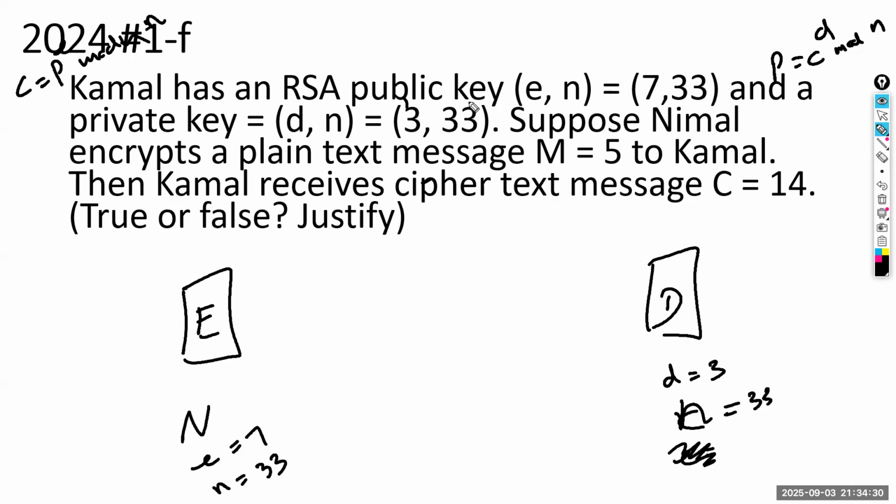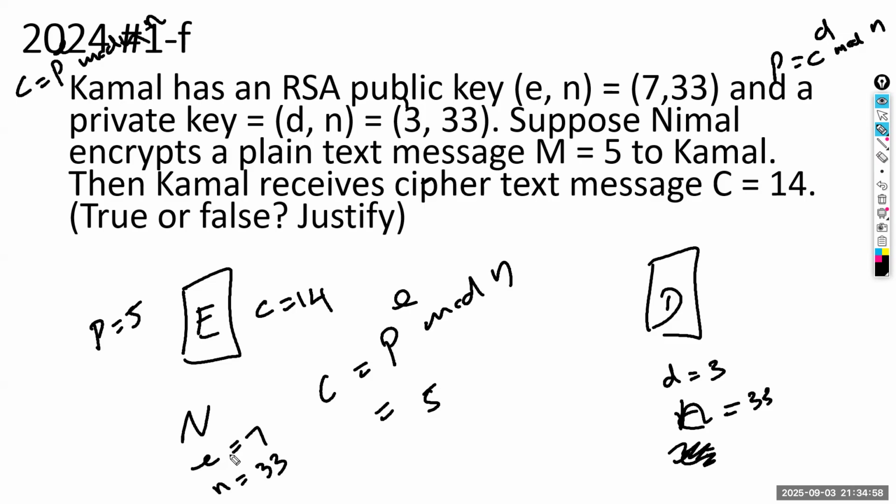So the correct keys are given because Kamal's keys you need to use. In this question, only Kamal's keys are given. Suppose Nimal encrypts the plain text message 5, so P is 5, to Kamal, then Kamal receives ciphertext 14. So you need to verify whether it is really 14. So that is C equals P to the power E mod n.